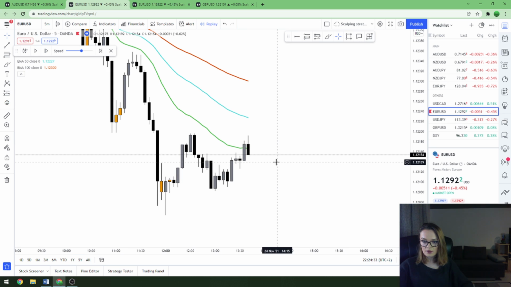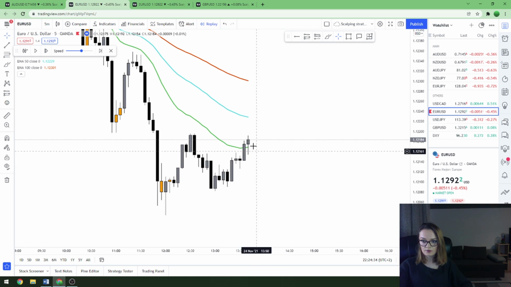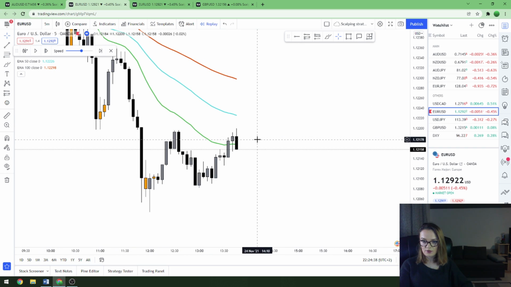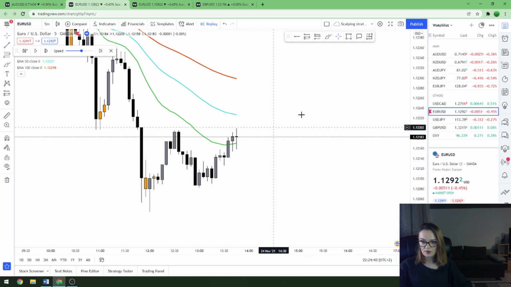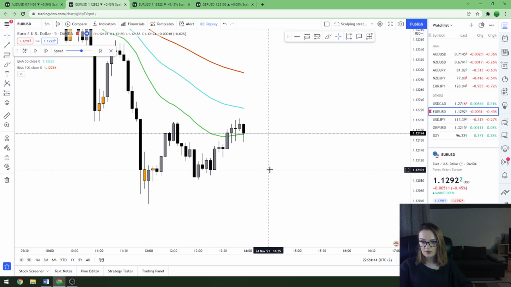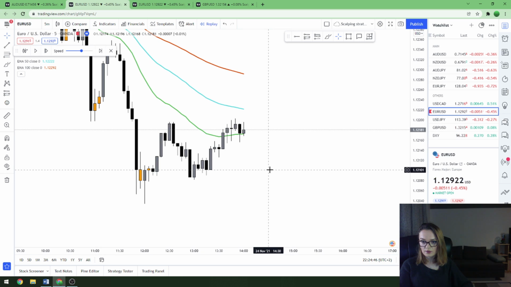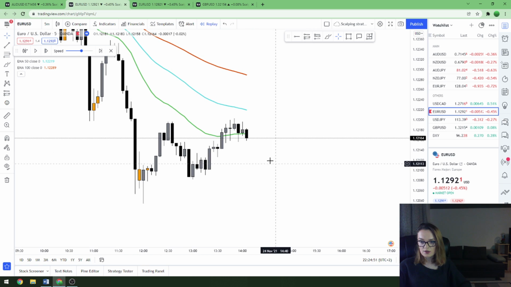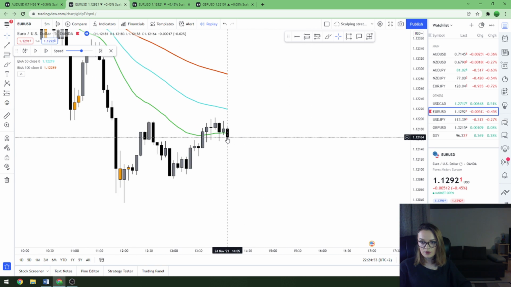Okay, and now we can see another candle that closed above this 25 EMA. Not yet. And I think now, yes, this candle is fully closed below this 25 EMA.